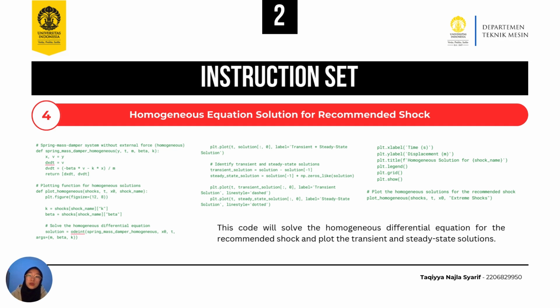Okay, let's write the code to solve and plot this solution. This is the Python code that I made, and this code will solve the homogeneous differential equation for the recommended shock and plot the transient and steady-state solution. Finally, we will discuss the effect of the transient solution on the satellite and why the chosen shock is the best option.